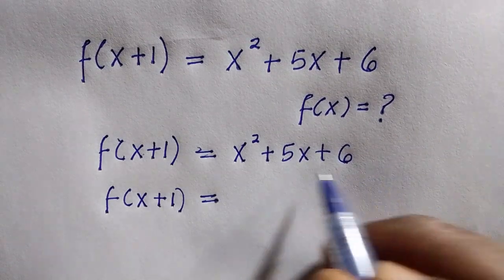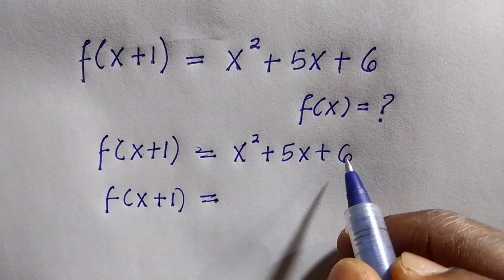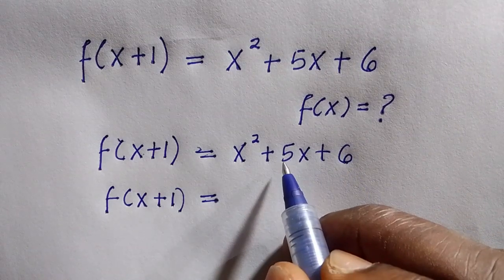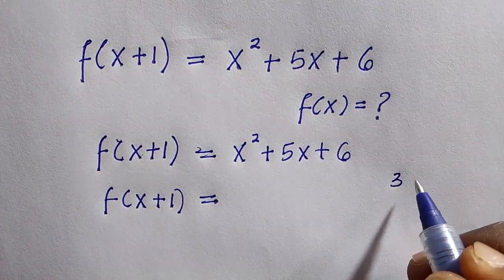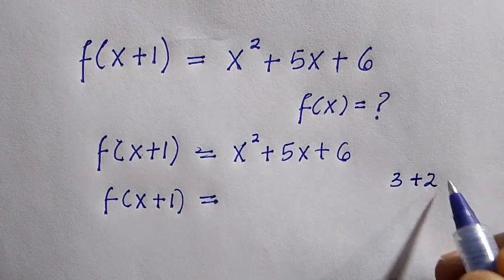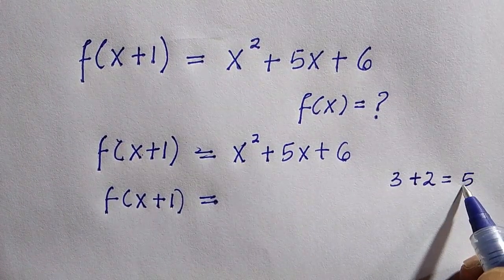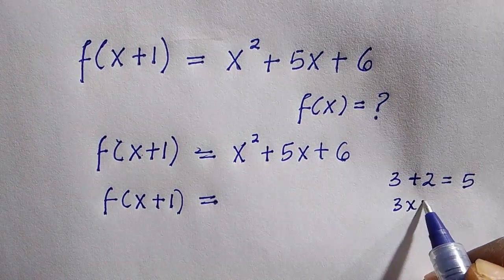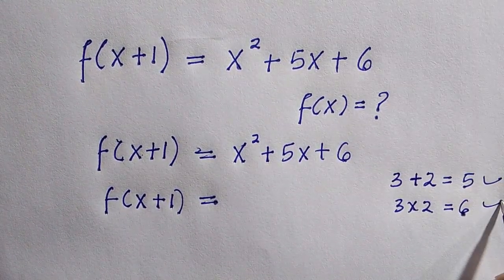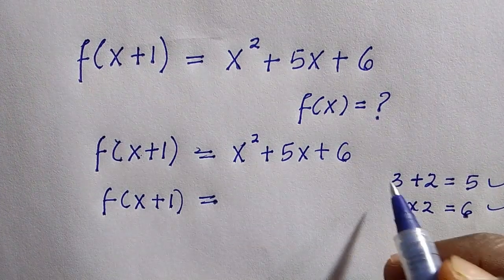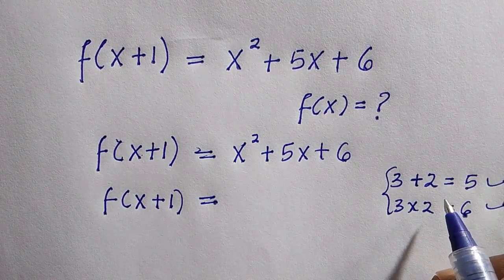So we are looking for two numbers that when we multiply, we get 6, and when we add, we get 5. For the first one, we consider 3 plus 2. So 3 plus 2 equals 5, and 3 multiplied by 2 equals 6. So actually this works, so we don't need to stress ourselves again. So we go with this.